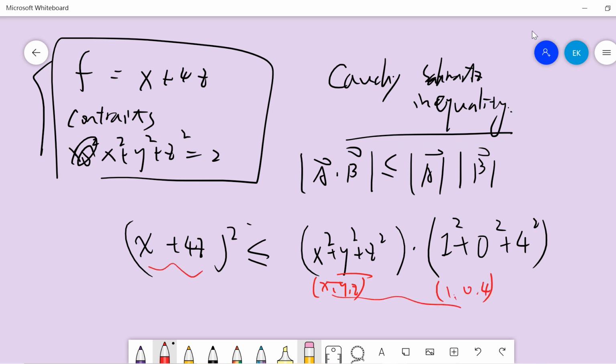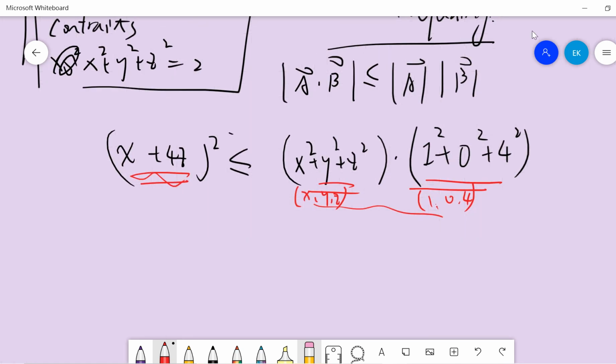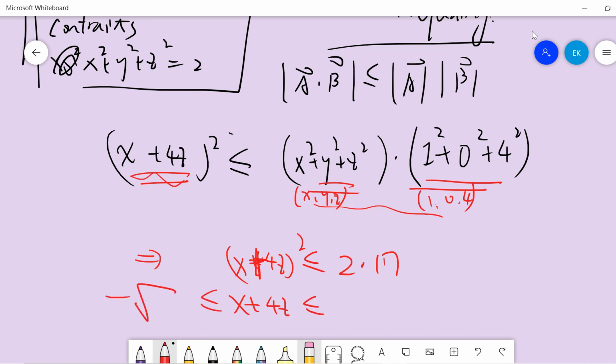This is the constraint, this is the constant, and this is what we want. So we have x plus 4z squared smaller than 2 times 17, which is 34. So basically x plus 4z has a minimum of minus square root of 34, and a maximum of square root of 34.